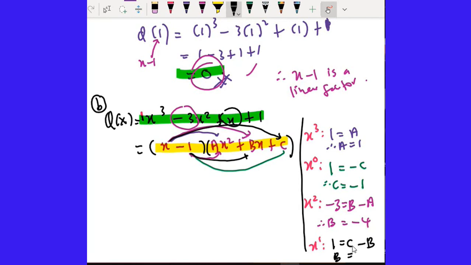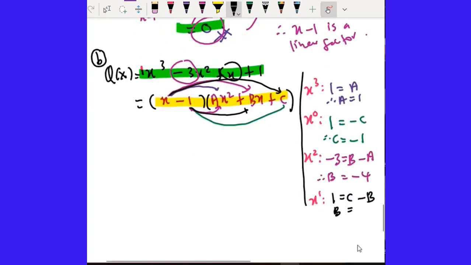So C, wait, not the same. Was I careless? Have to double check, right? This is 1. This one, negative B. C is negative 1.